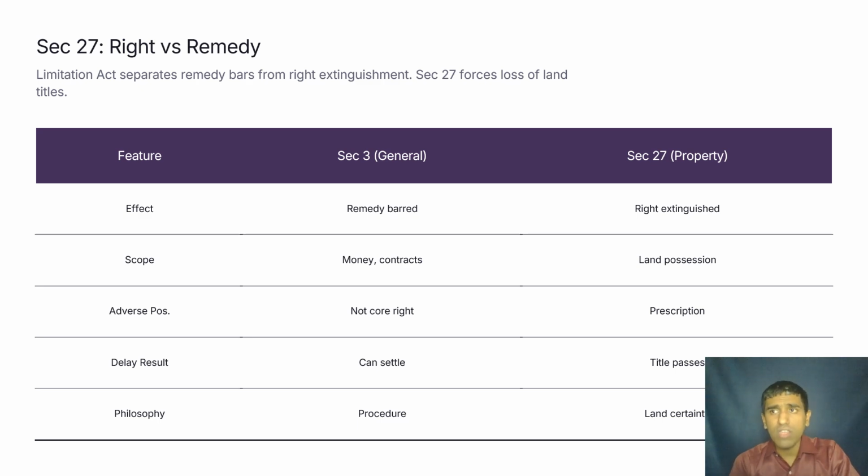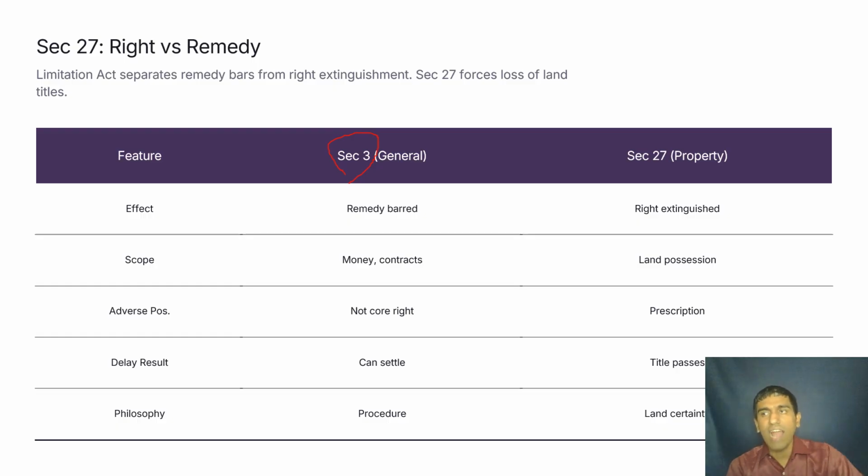So there are distinguishing points between section 3 and section 27 here. Under section 3 the effect of limitation is that beyond limitation the remedy is barred, as in there is no legal remedy, but the right which the plaintiff has to anything which is the underlying matter of the case, that still remains.